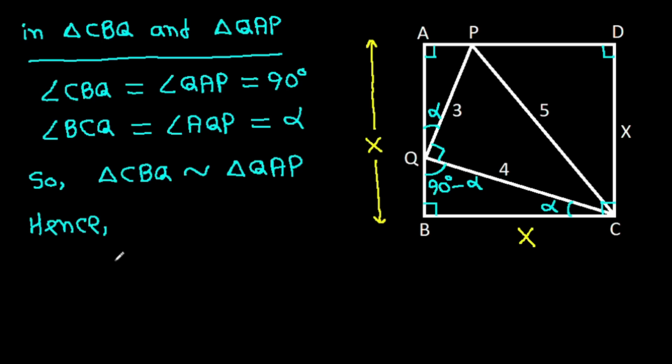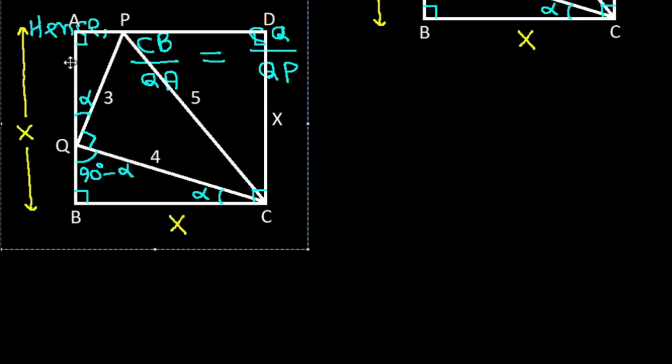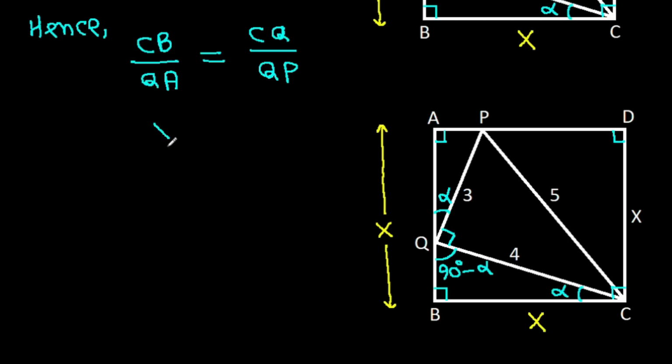Hence CB over QA will be equal to CQ over QP, and CB is X over QA is equal to CQ is 4 over QP is 3.